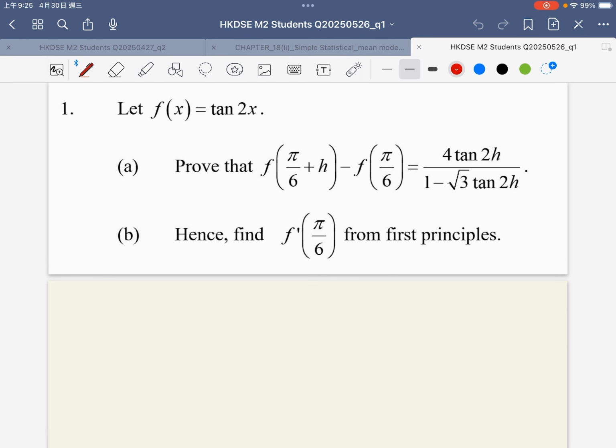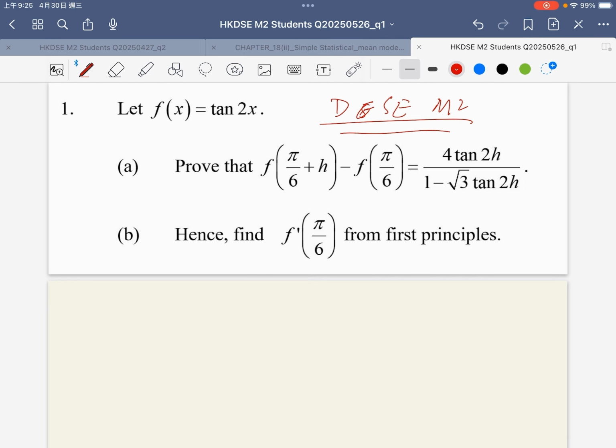This question is from one of my students. He asked me a couple of days ago, and it is DSE M2.